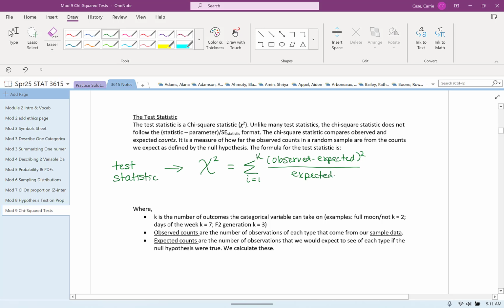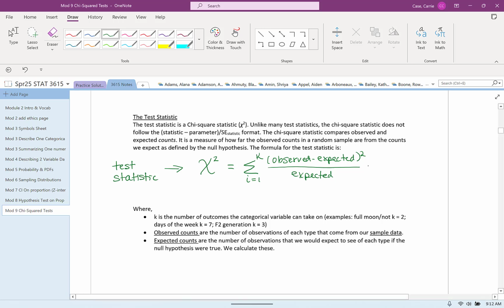So what's happening here is we take each of our observed values, the sample data, and we subtract off what's expected. But like standard deviation, we don't care if that value is too high or too low. We only care how far away it is. But again, absolute value causes problems with calculus, so instead we square it, and then we divide by the expected counts.